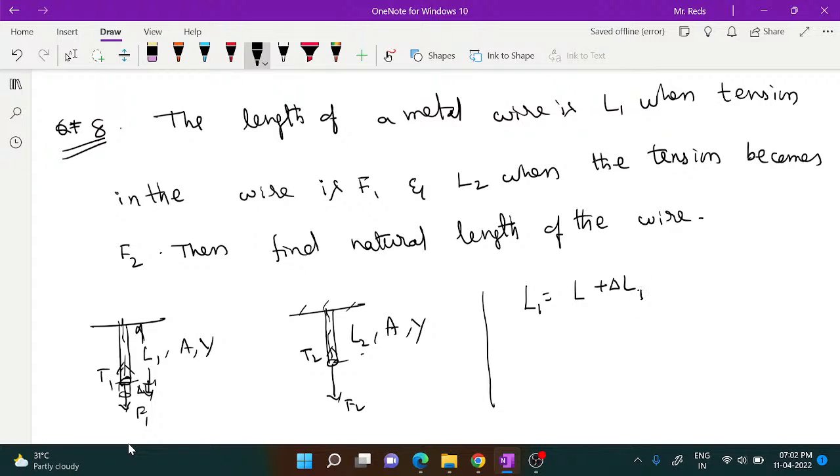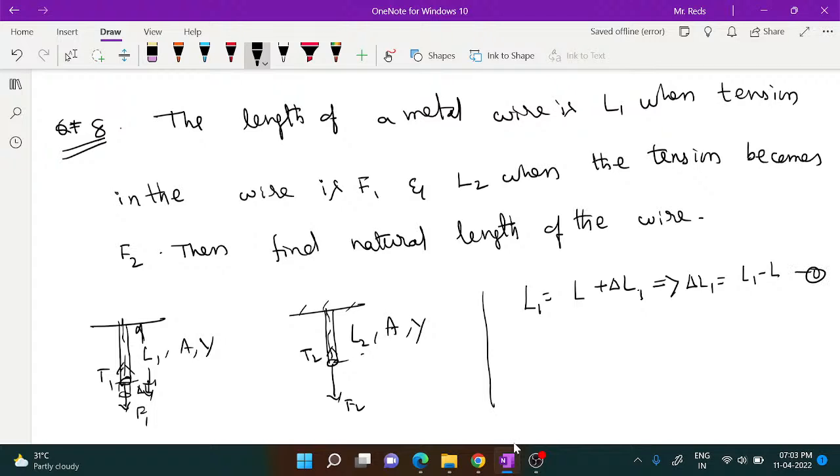So delta L1 can be expressed as L1 minus L. Let us say this is equation 1.